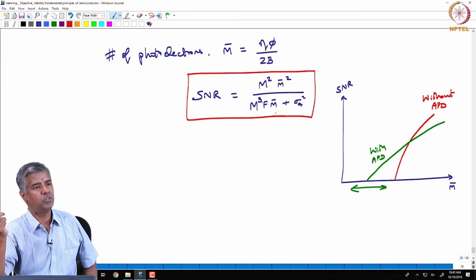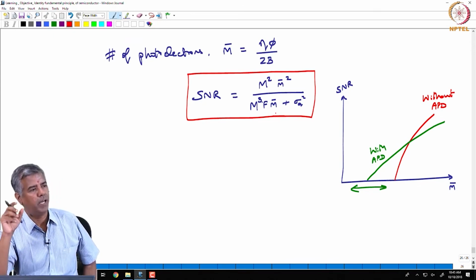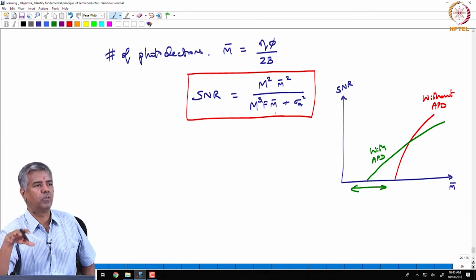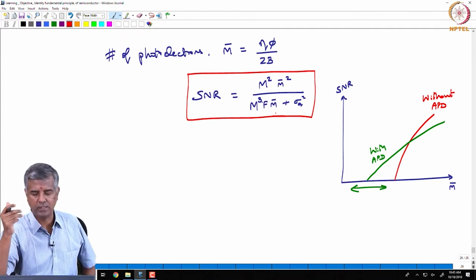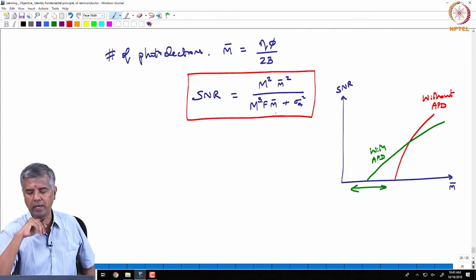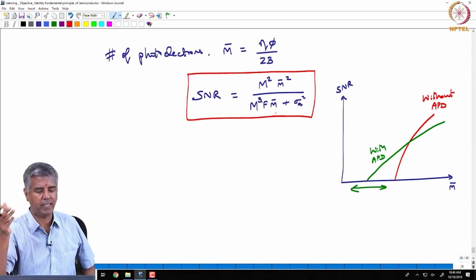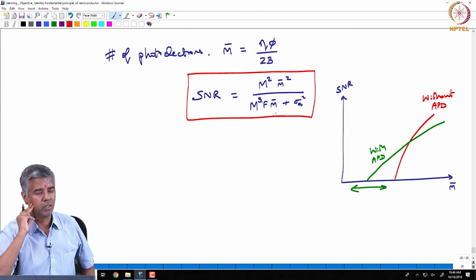So, in applications where you are going to have a lot of photons falling on your photodiode, like in certain sensor applications, you are better off with just the PIN photodiode.